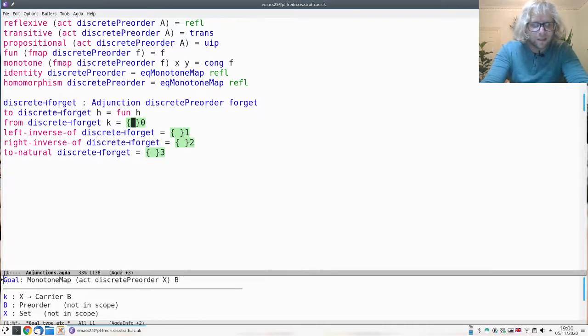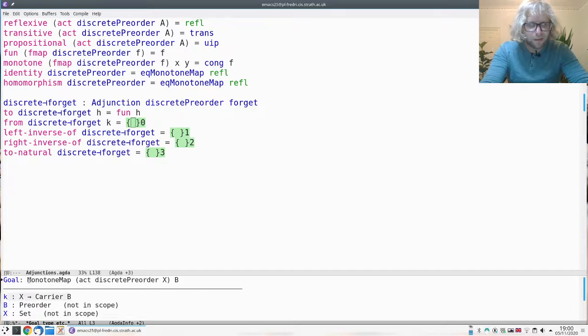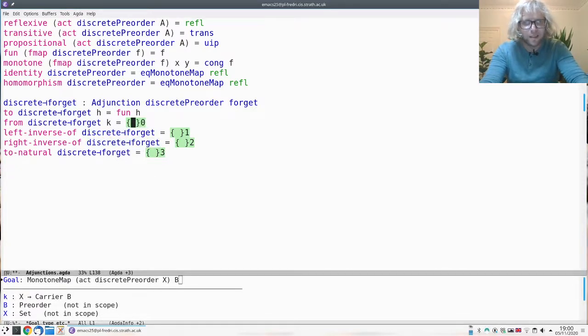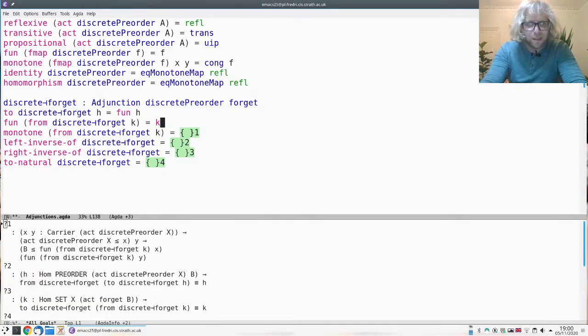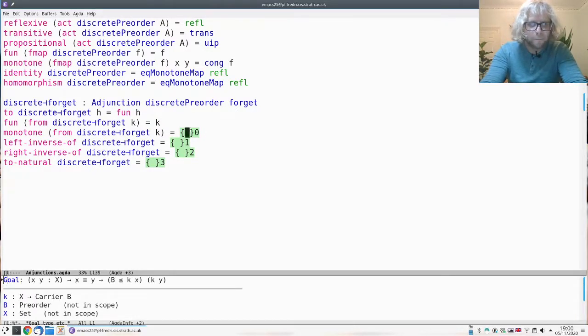Where we are given just an ordinary function and we have to upgrade it to a monotone map. Okay, so that means we have to give an underlying function, just the one we are given. Otherwise, our round trips are not going to work. And we have to show that it's order preserving.